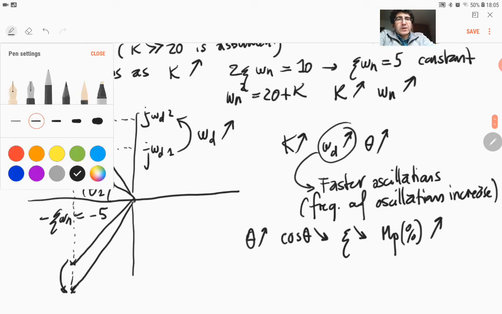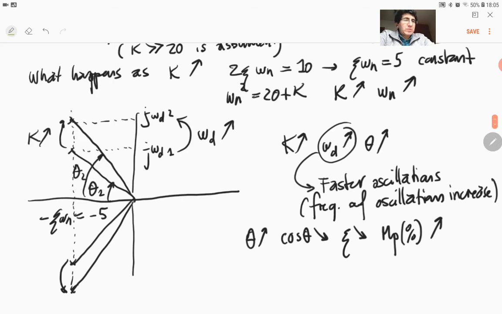Please remember how the maximum overshoot relates to psi. If we sketch Mp percent with respect to psi, it starts at 100% and then goes down to 0 as psi ranges from 0 to 1. So there is an inverse relationship between psi and the maximum overshoot.